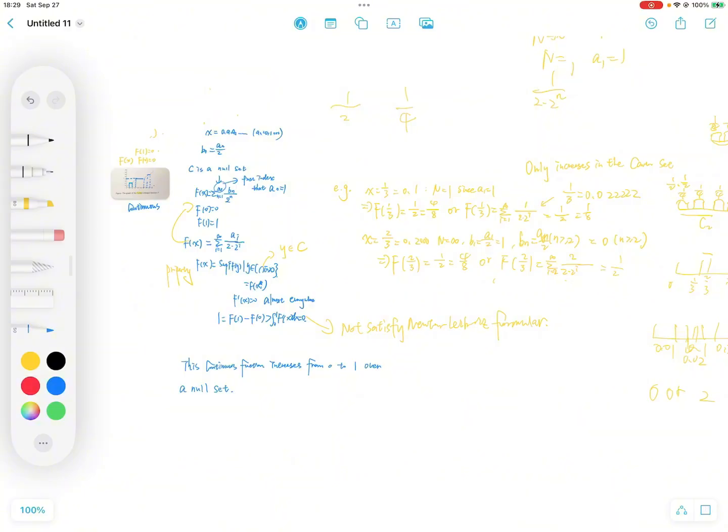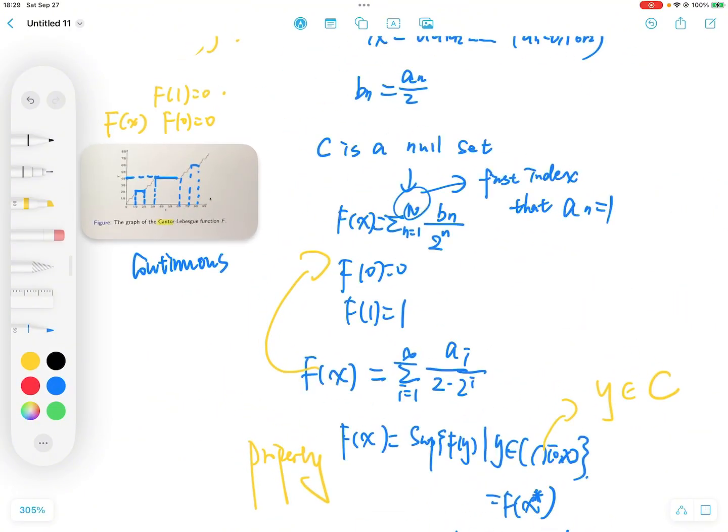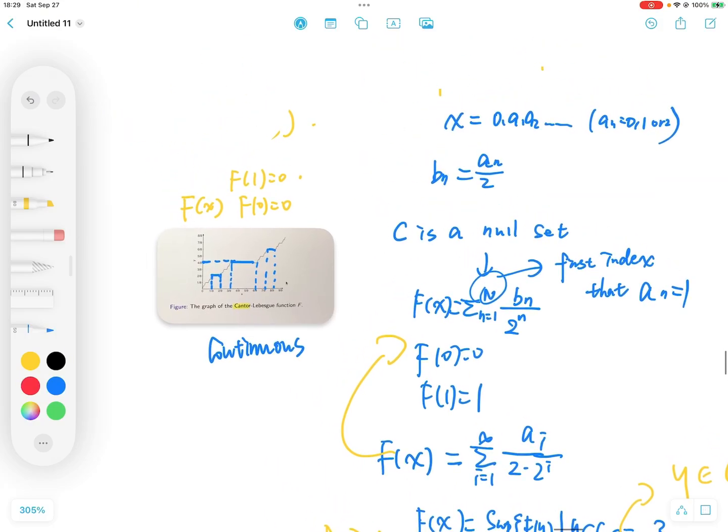And next, we further introduce a very magic function called the Cantor-Lebesgue function. It's defined on the Cantor set.